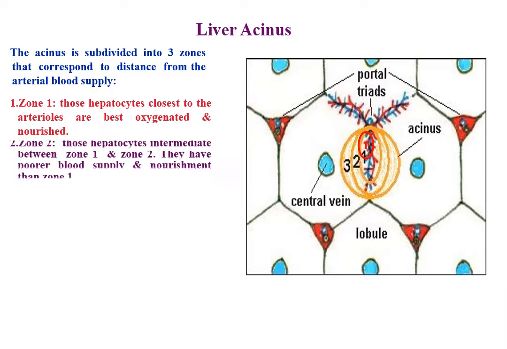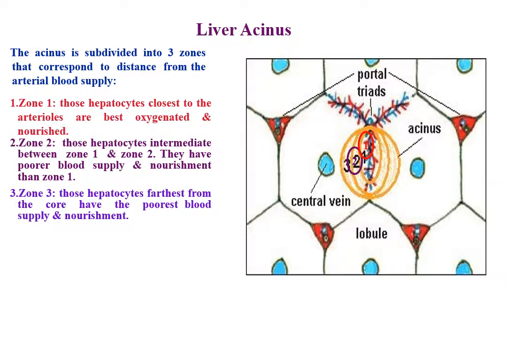Zone 2 contains those hepatocytes intermediate between Zone 1 and Zone 3. These hepatocytes have poorer blood supply and nourishment than Zone 1. Zone 3 contains those hepatocytes furthest from the core, which have the poorest blood supply and nourishment.